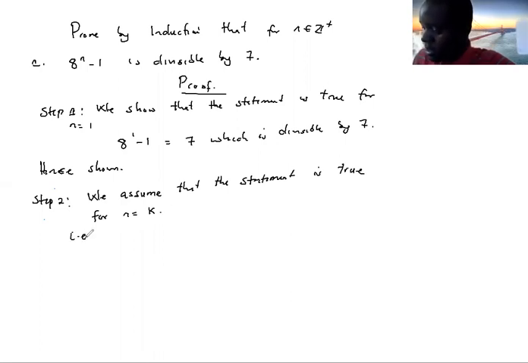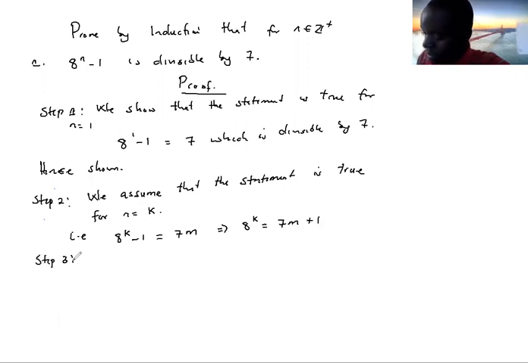That is, 8^k minus 1 is equal to 7m. So from here, if you want, you could go straight and say 8^k is equal to 7m plus 1, because you know that you're going to need this in step 3.